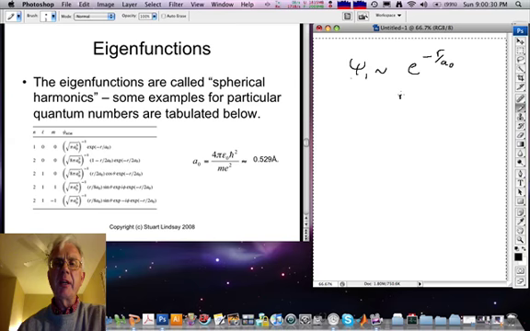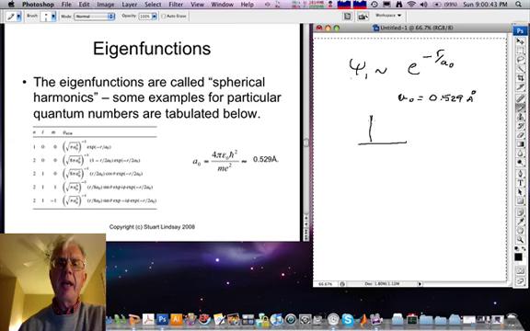It's actually 0.529 angstroms. So this is an exponentially decaying wave function away from the proton, and its 1 over e point occurs at about half an angstrom.